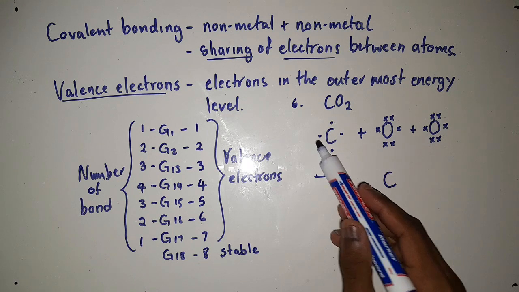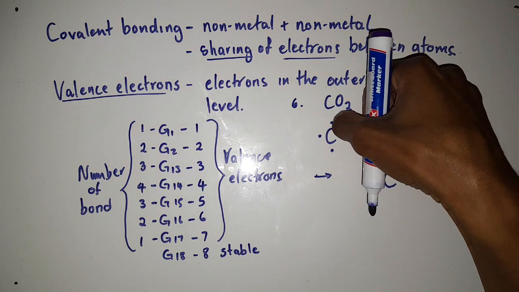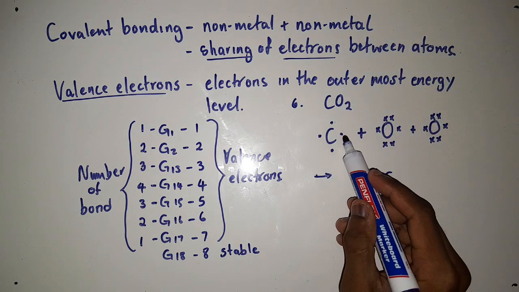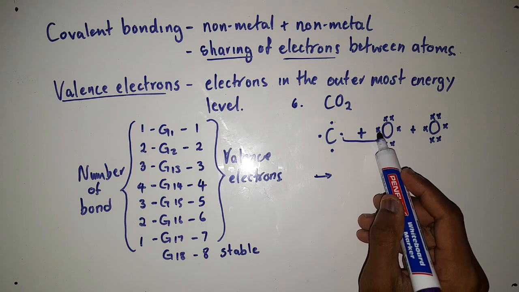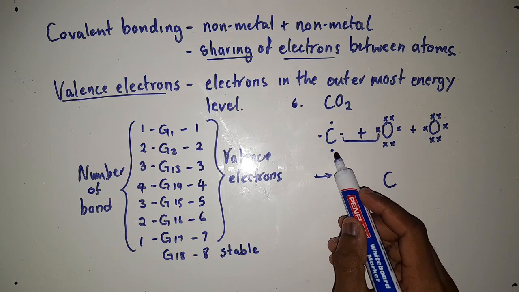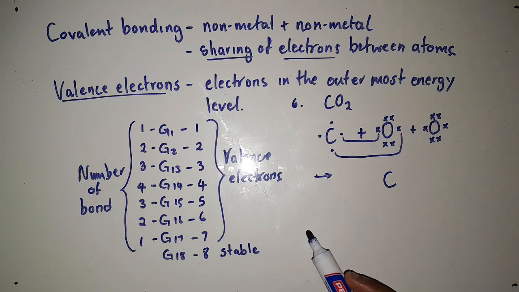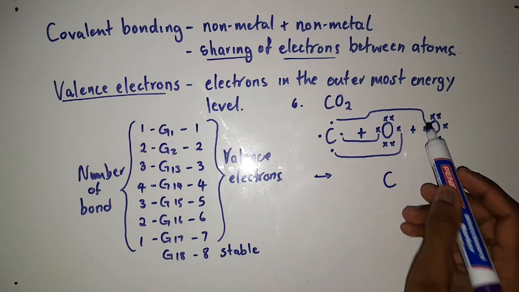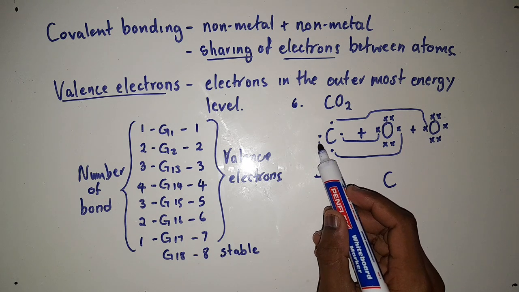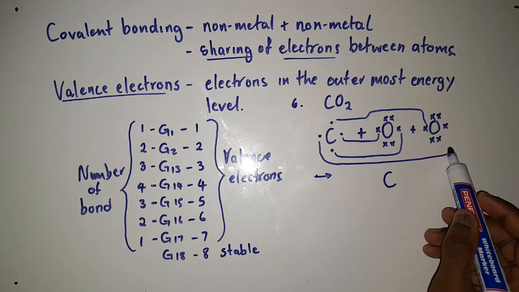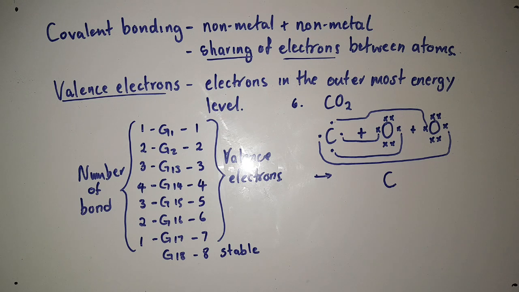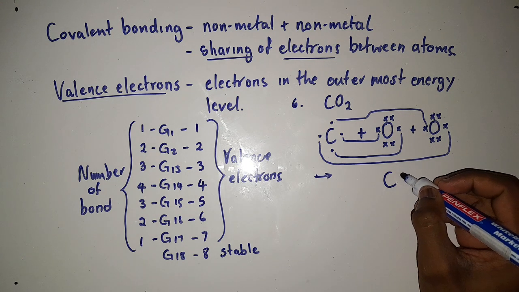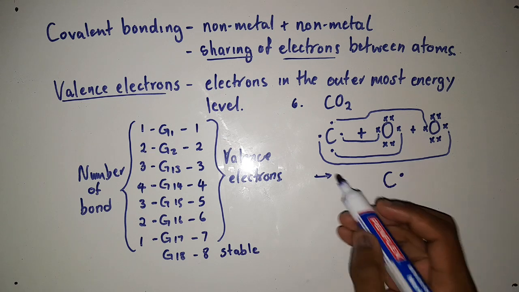We have 4 unpaired electrons, sorry, for carbon, which means this one is going to pair with this. This is going to pair with this, you see? Then one of these is going to pair with this. Then one of this is going to pair with that one, you see? At the end of the day, we are going to get a situation which is like this.